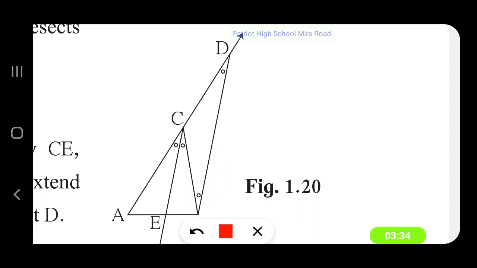Now in this diagram we have this point which is hiding behind, it is B. CE being the bisector of angle ACB, let us name these two angles which are divided as angle 1 and angle 2. This is angle 1 and this is angle 2. Since CE is the angle bisector, therefore angle 1 and angle 2 are equal.